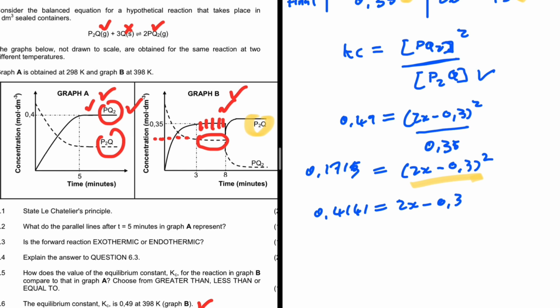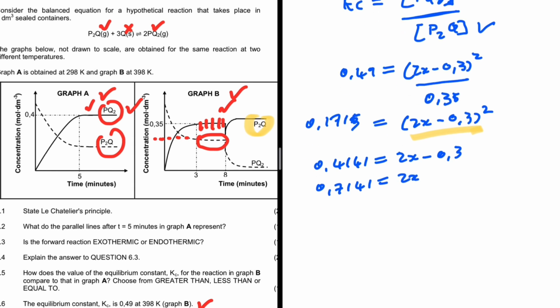This is 0.7141 being equal to 2x. So let me divide that by 2. 0.3571 is equal to x. So there we go. That is x.